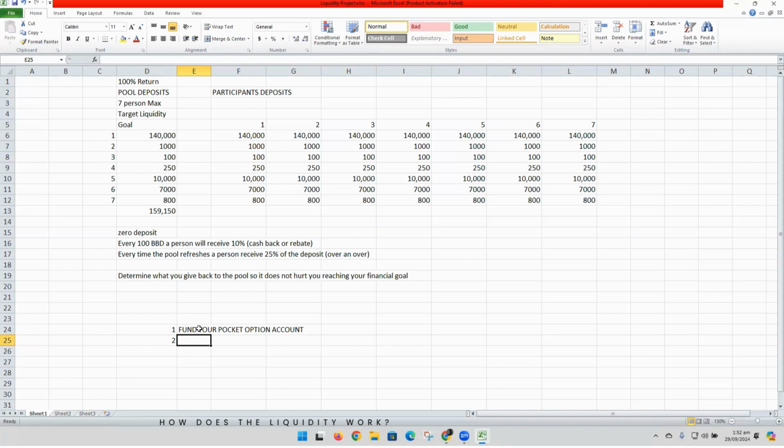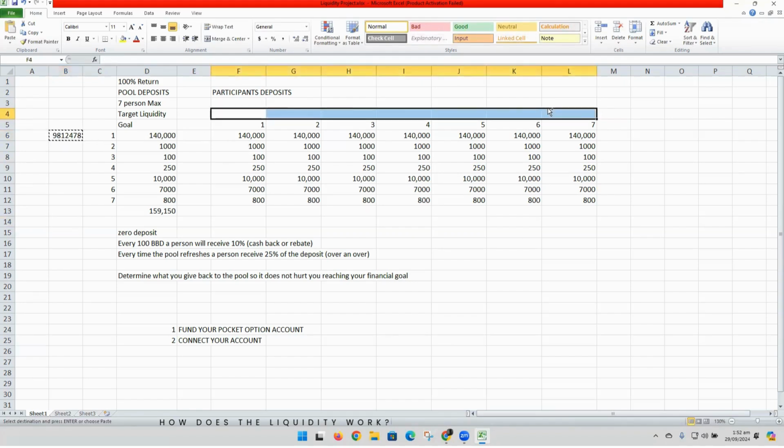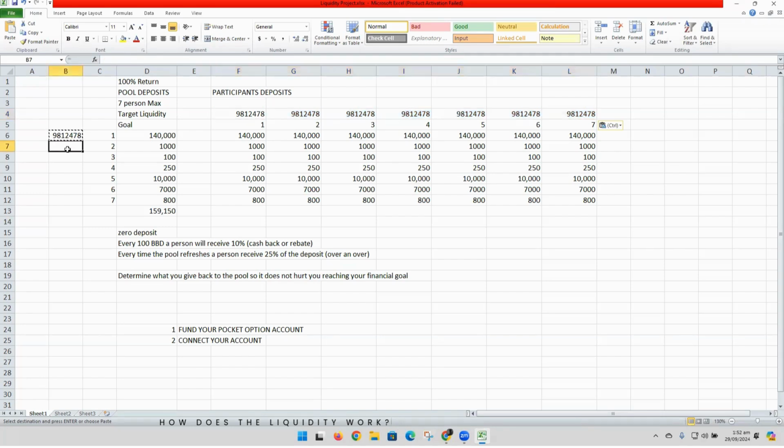Step two, connect your account. So what will happen is, if person number one's Pocket Option ID is, let's say, 9812478, everybody connects to that ID. And let's say person two's ID is 2489123.